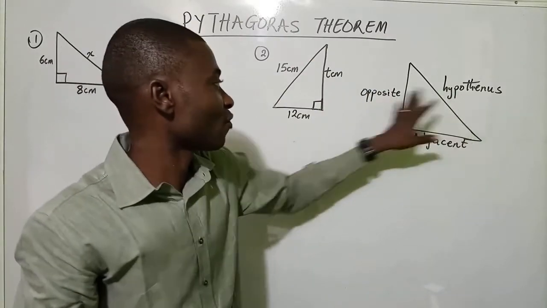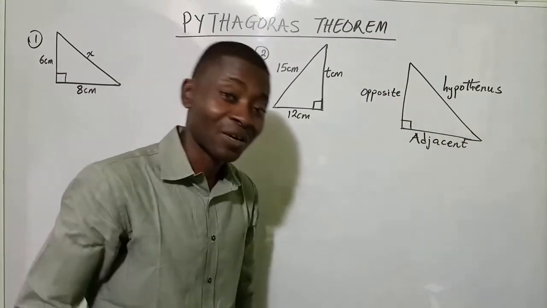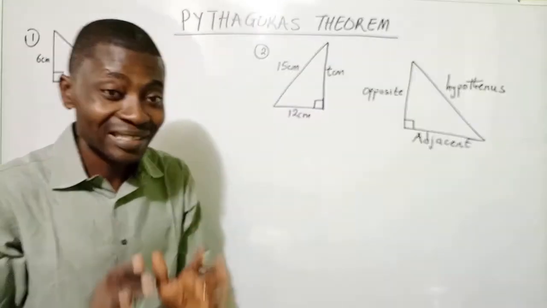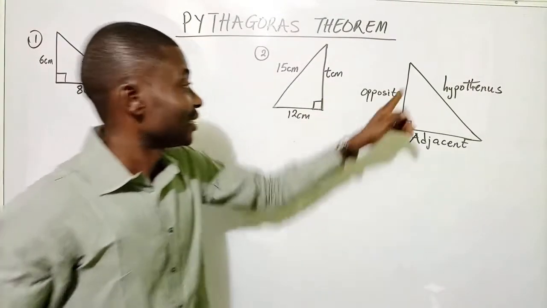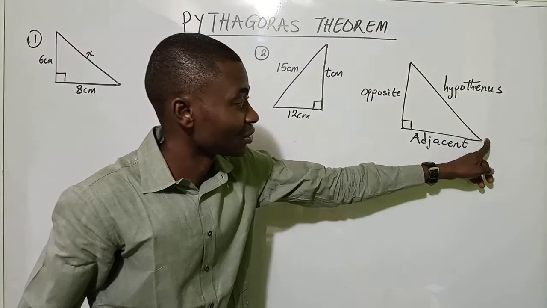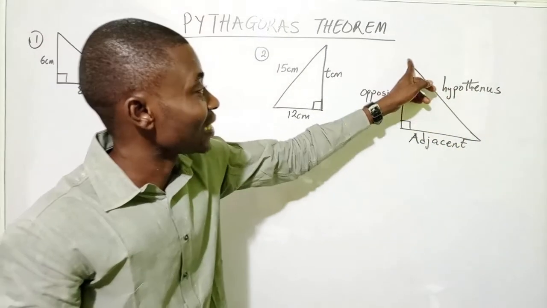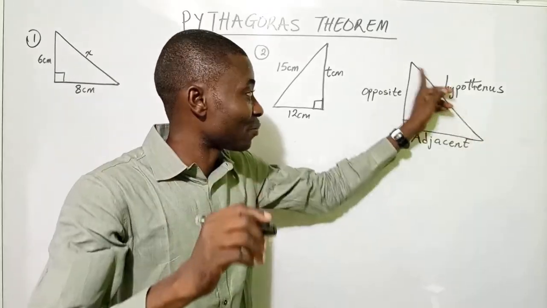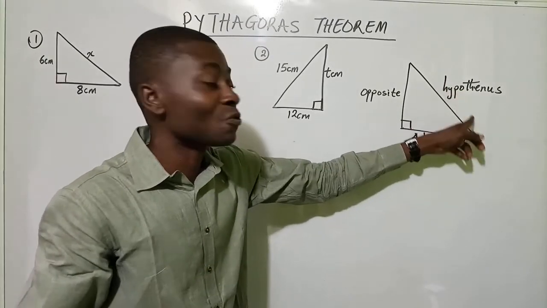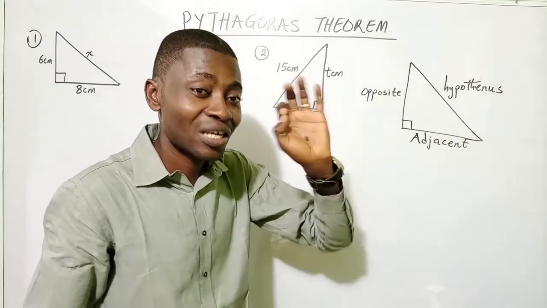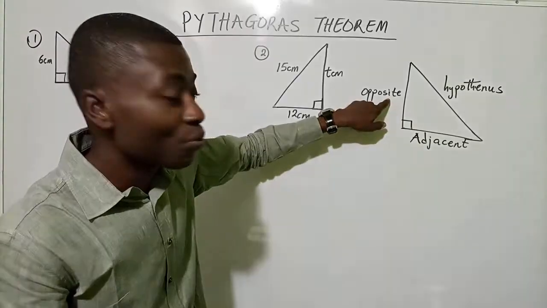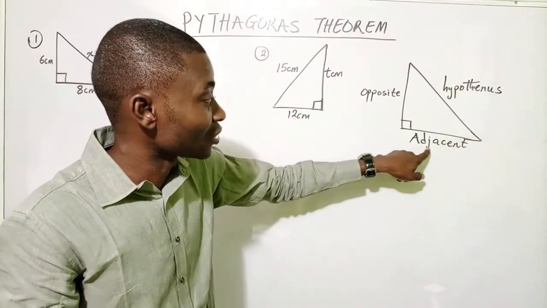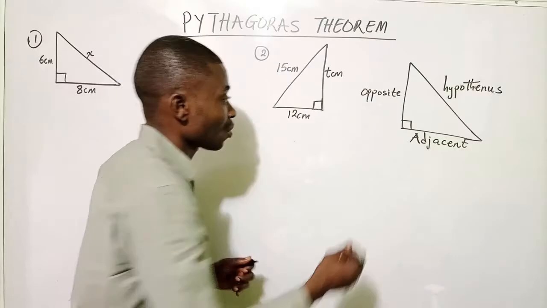Now we have the formula. What does it state? Pythagoras theorem states that the hypotenuse square of a right angle triangle is equal to its opposite square plus adjacent square. What does that mean?